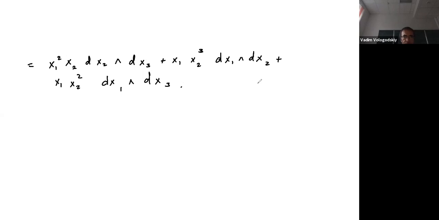Okay. So any 2-form on R3 can be written uniquely as a combination of these 3 forms, dx2 dx3, dx1 dx2, and dx1 dx3, whose coefficients are some smooth functions on R3.